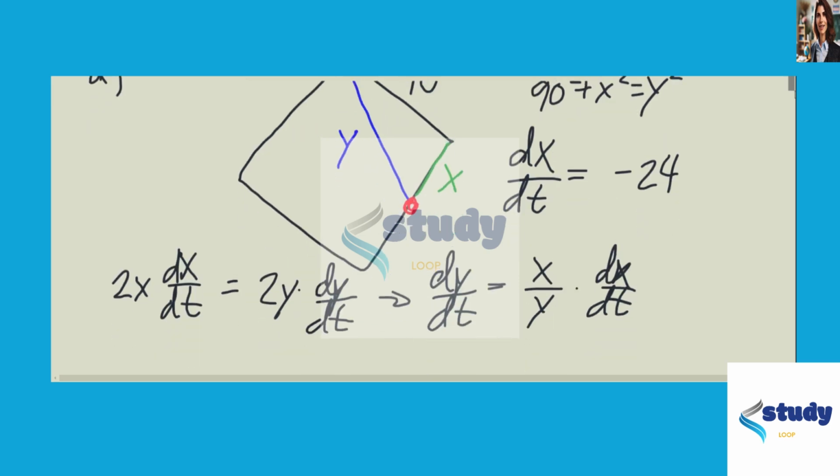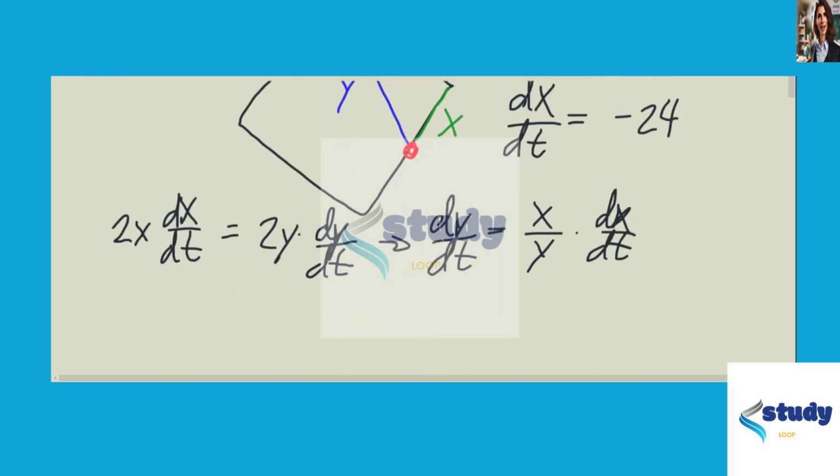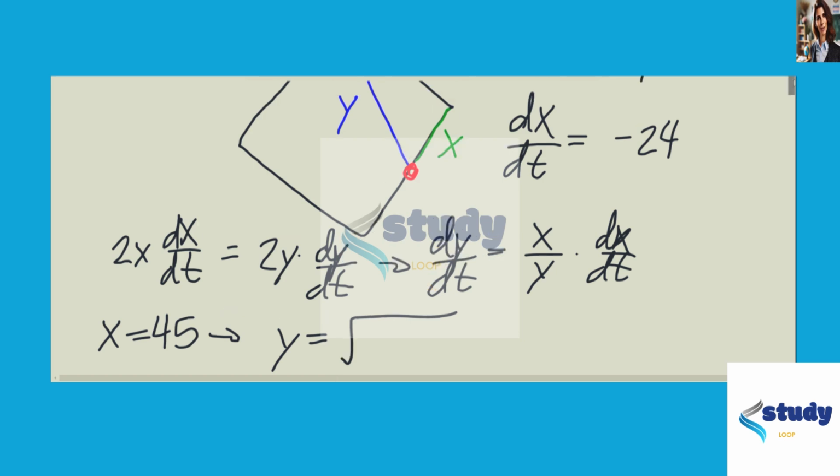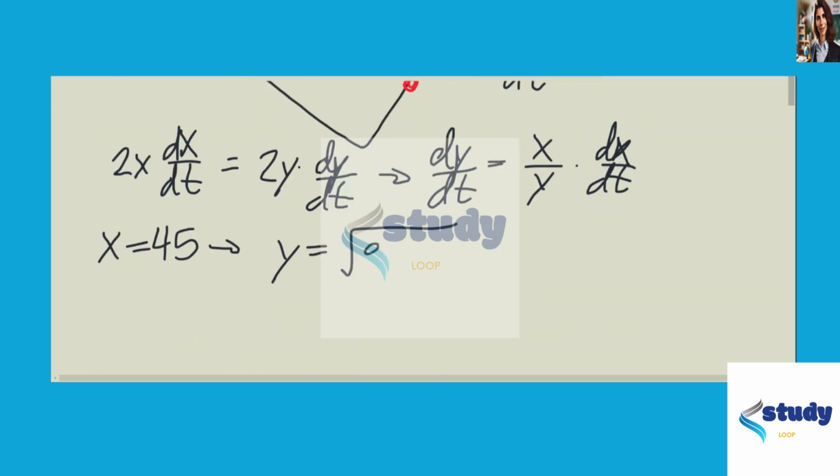Now, because we're halfway to first base, it follows that x equals 45, and therefore y is equal to the positive square root of 90 squared plus 45 squared.